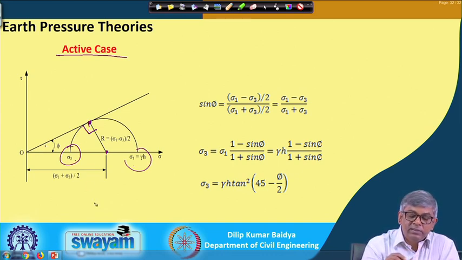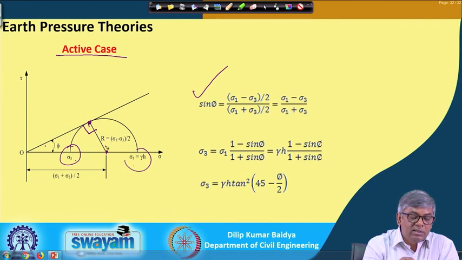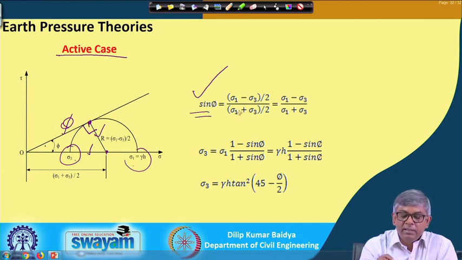If I express sin phi from this triangle, it is this by this. This is the hypotenuse and this is the perpendicular.